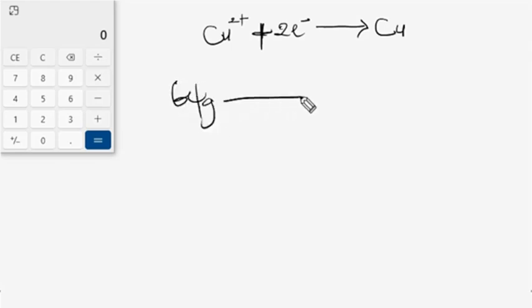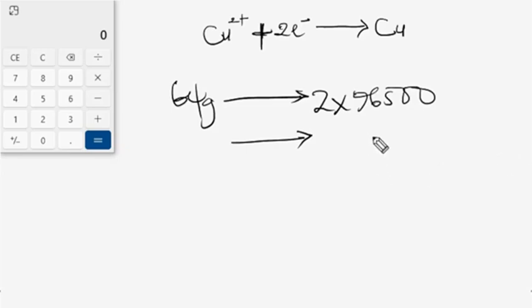So we know that 64 grams of copper will yield, since we have 2 electrons here, that's 2 times the Faraday's constant, and that's 96,500. So whereas if this is the case, guys, we have 0.08 grams of copper.